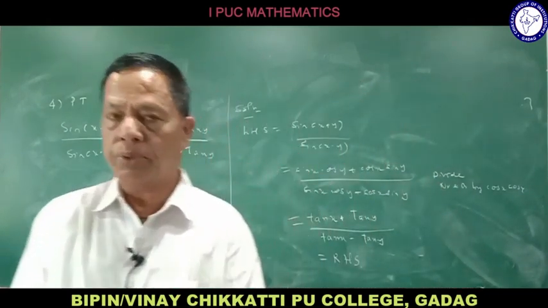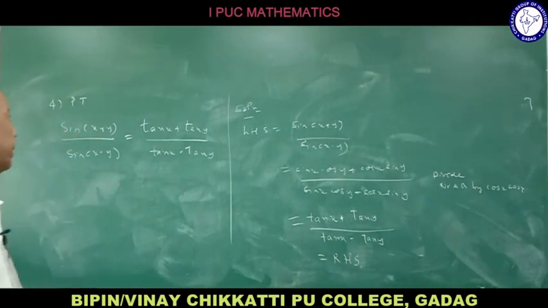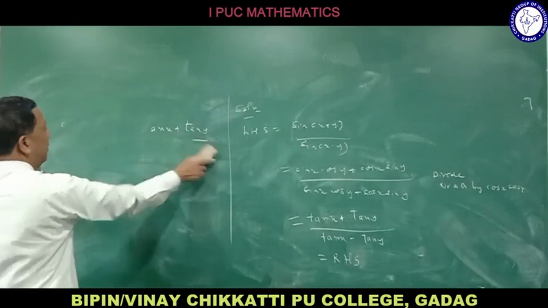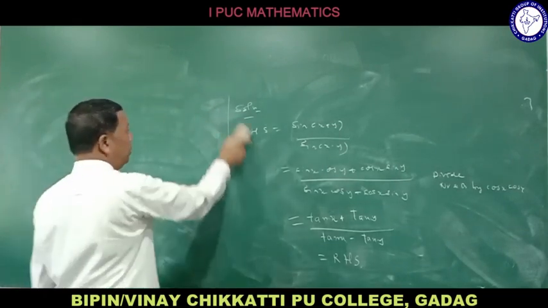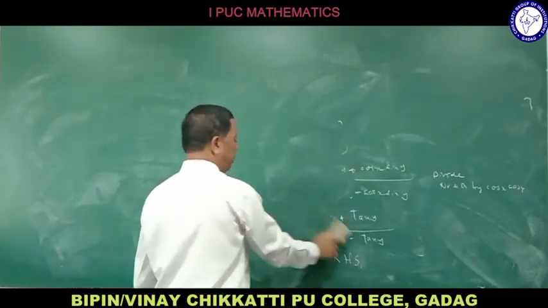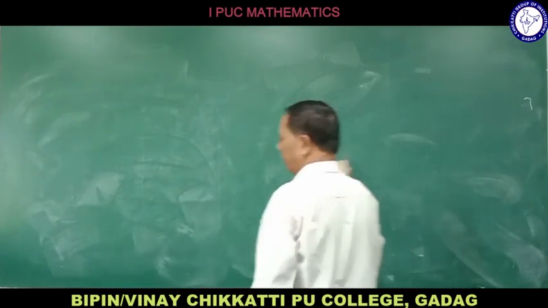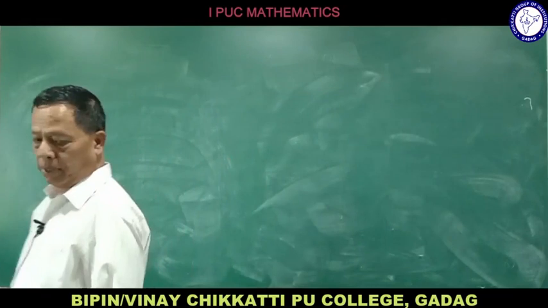Now I am going to take the next problem, the fifth one. You see how this can be simplified. Almost all these results depend on the sum and difference of trigonometrical functions, multiple and submultiple, allied angles, and also transformation formulae.